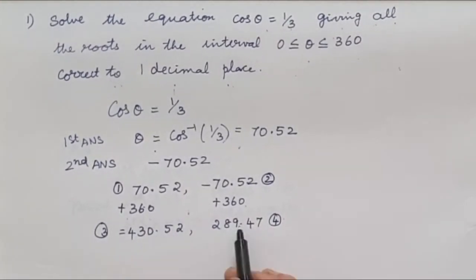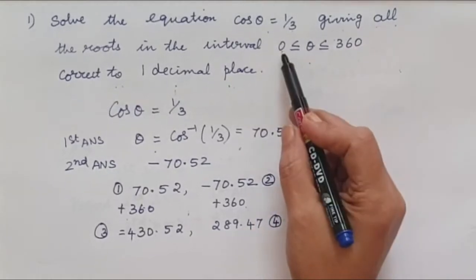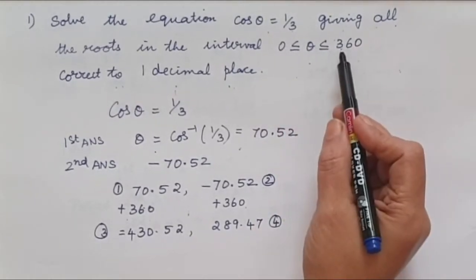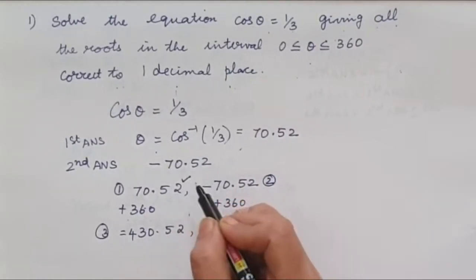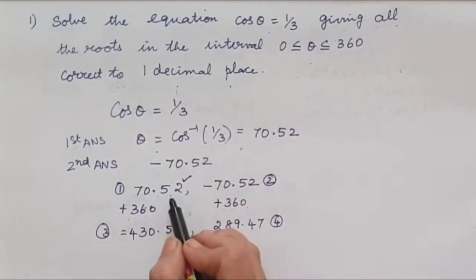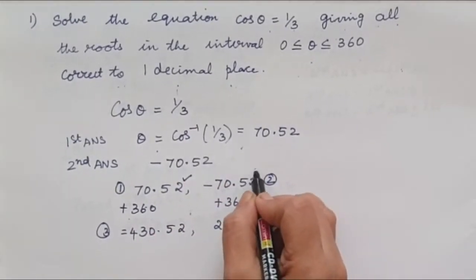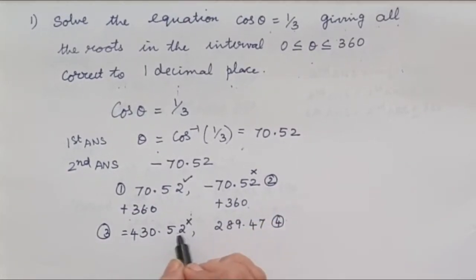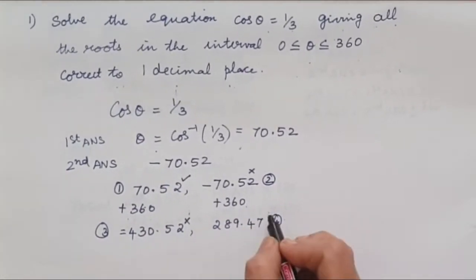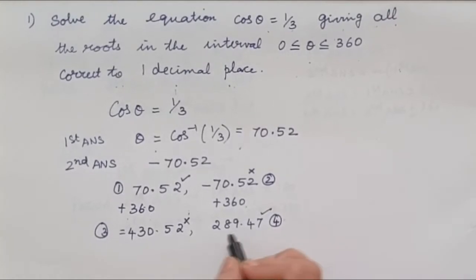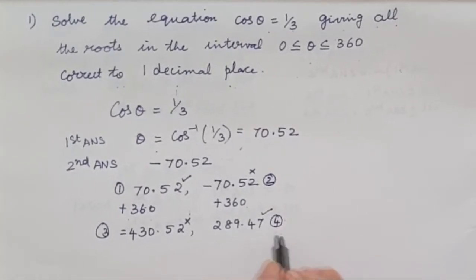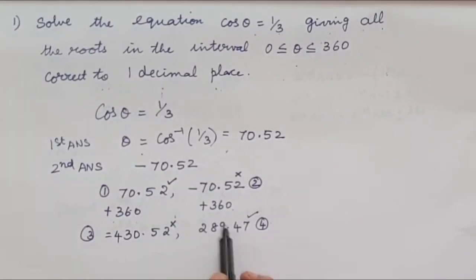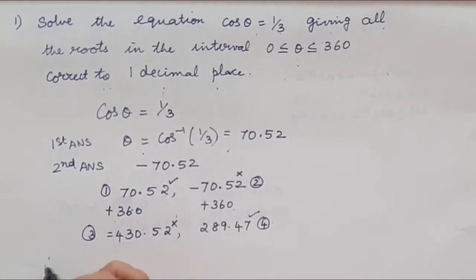Now when we check all these 4 answers, our interval is from 0 to 360. So this answer is in the interval of 0 to 360, so this is correct. But this is negative, so this is not in the interval, so we leave it. This one is also not in the interval, so we leave it. This one is in the interval, so 289.47 is correct. So we get only 2 answers in the interval.